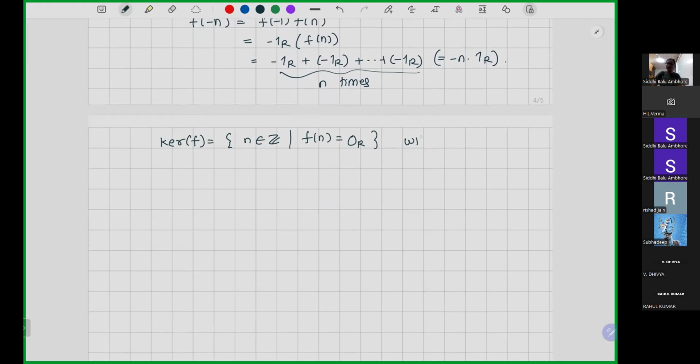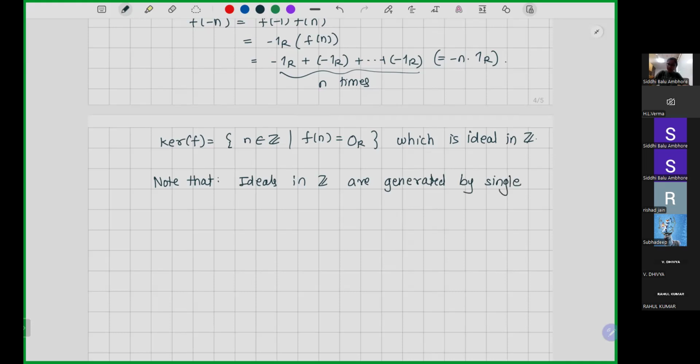Now we earlier saw in our earlier question that kernel f is an ideal, so it is an ideal in Z, right? And note that ideals in Z are generated by a single integer.